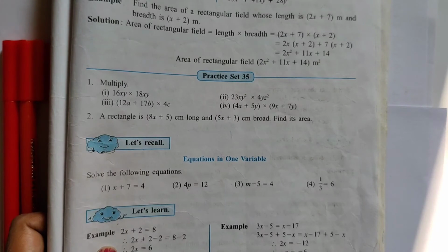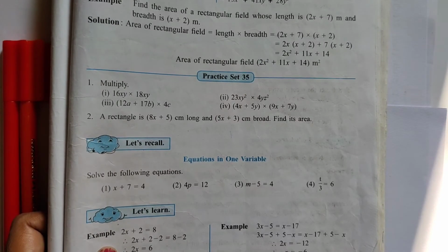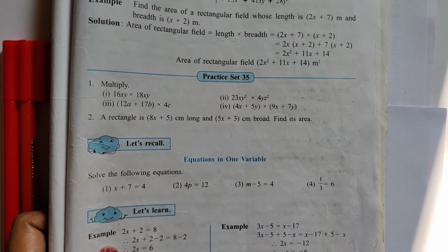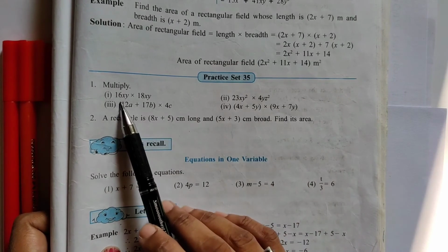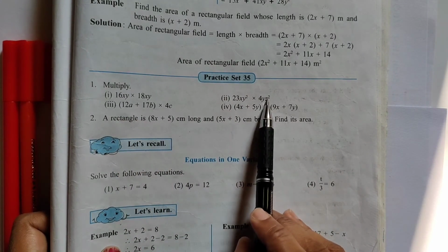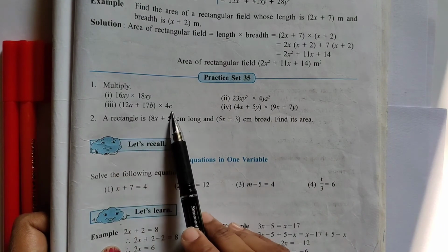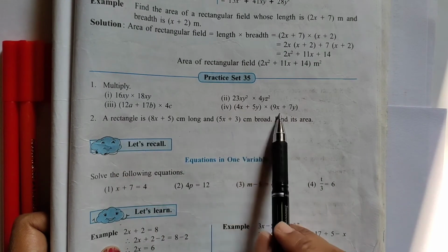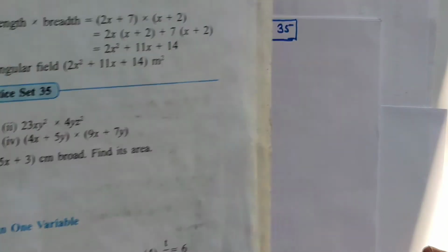So let's see practice set 35, where we have to multiply the monomials or monomial with binomial or two binomials. Here we can see the multiplication of monomial with monomial, binomial with monomial, and multiplication of two binomials. So let us see how to solve the sums.